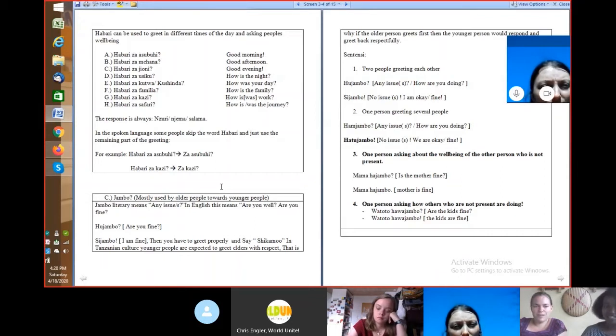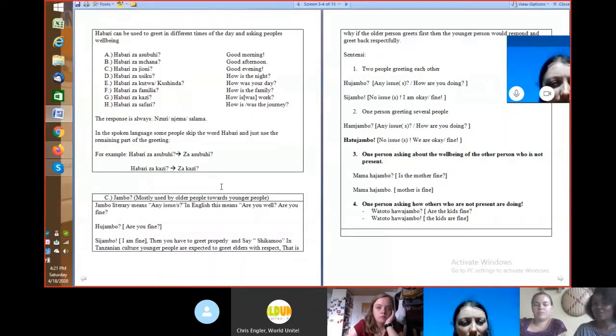Right, then we go to the next greeting, which is Jambo. Jambo as itself is used more among people of the same age, but it's most commonly used in Kenya. But in Tanzania, Jambo is mostly used like hujambo, which is when an older person is greeting a younger person.